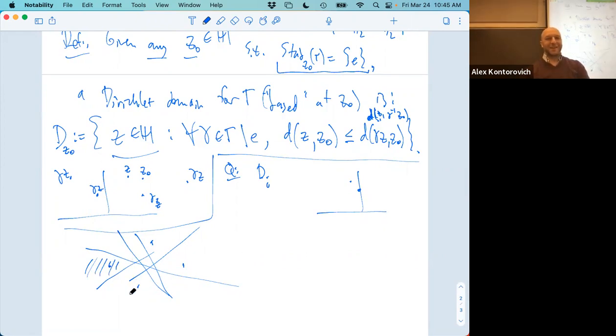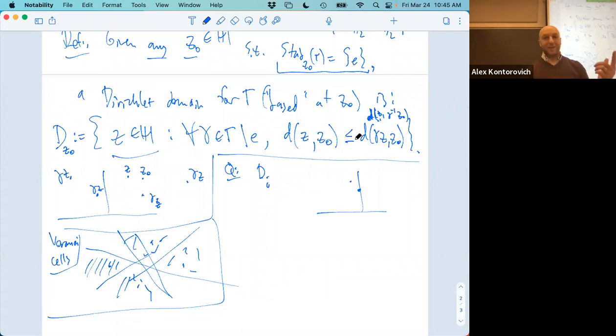So these are the regions where you're closer to one point than you are to any of the others. So that's one way to decompose the plane into domains. Yeah, so that's what this is mimicking. This is saying at a fixed base point, who's closer to I than anywhere else.